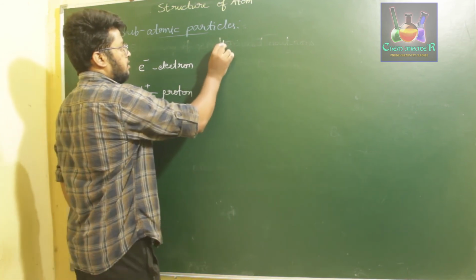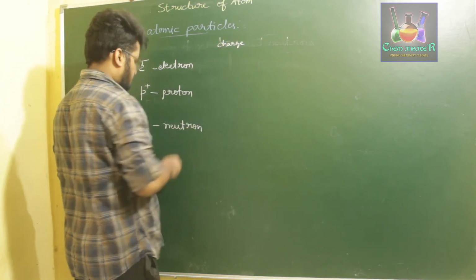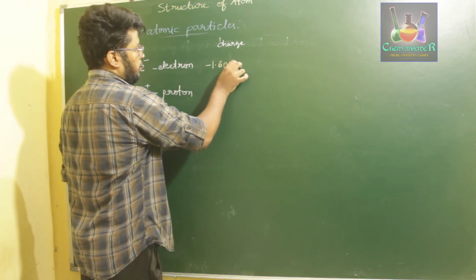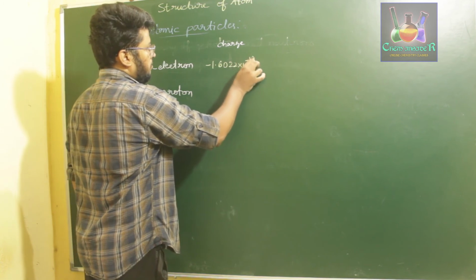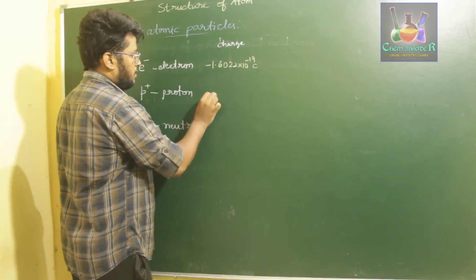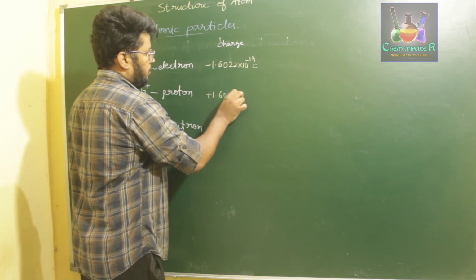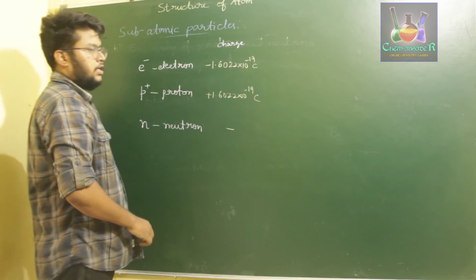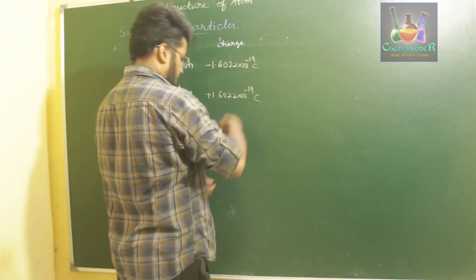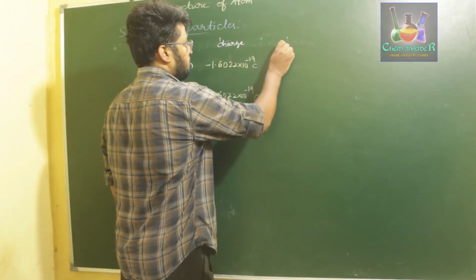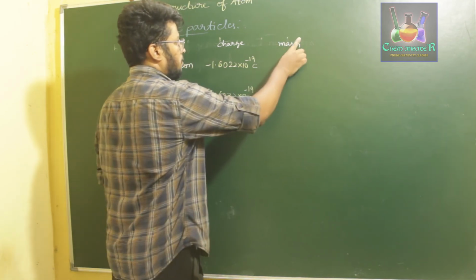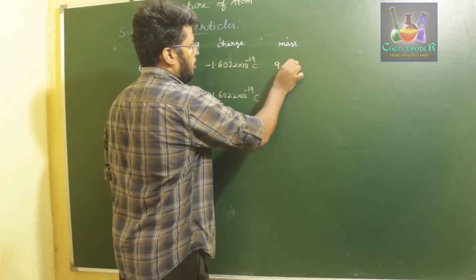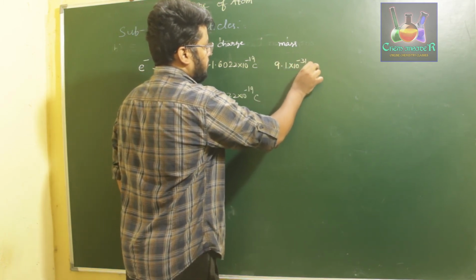The charge of these components: the charge of the electron is minus 1.6022 into 10 power minus 19 coulomb, the charge of the proton is plus 1.6022 into 10 power minus 19 coulomb, and the charge of the neutron is 0. They don't have any charge. Next, for mass: the mass of the electron is 9.1 into 10 power minus 31 kg.